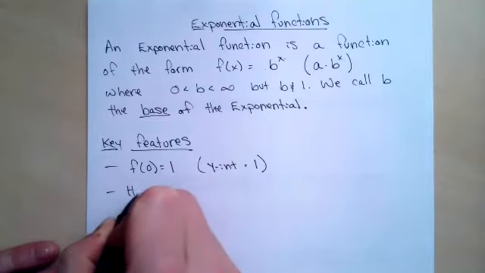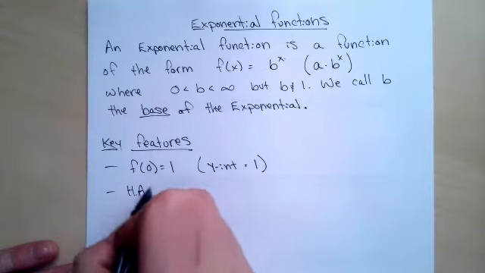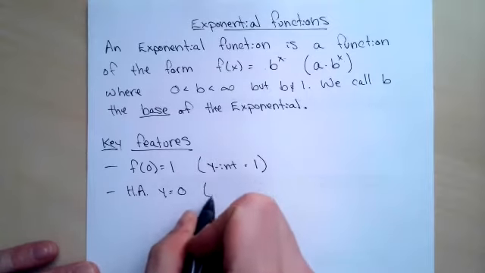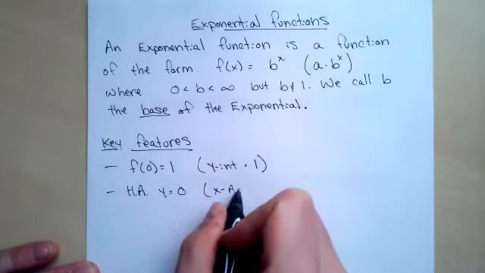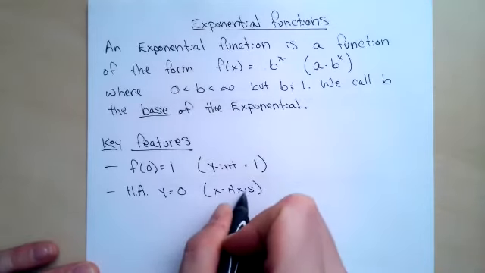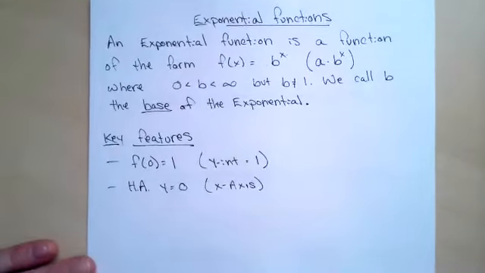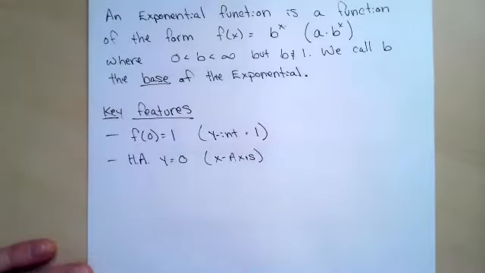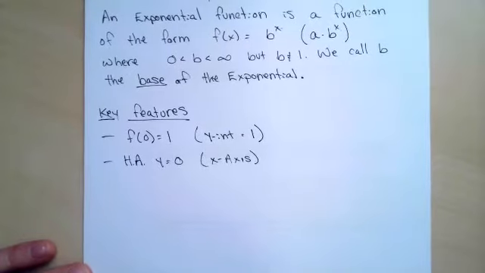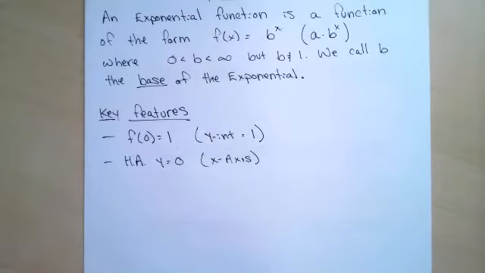Then the other key feature is that we have a horizontal asymptote, y equals 0, so the x-axis. That's basically it for the things we can plot, right? Just like rational functions, we are looking for easy points, x-intercepts and y-intercepts, and then asymptotes, vertical asymptotes or horizontal asymptotes.